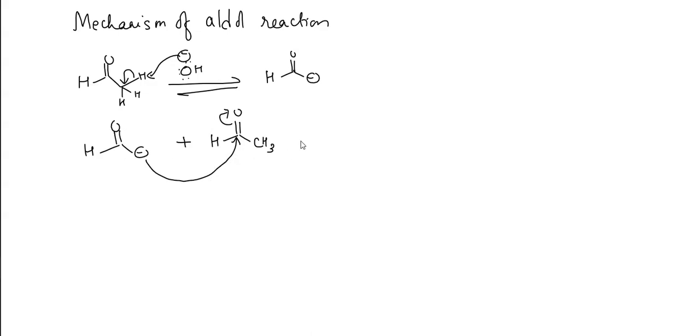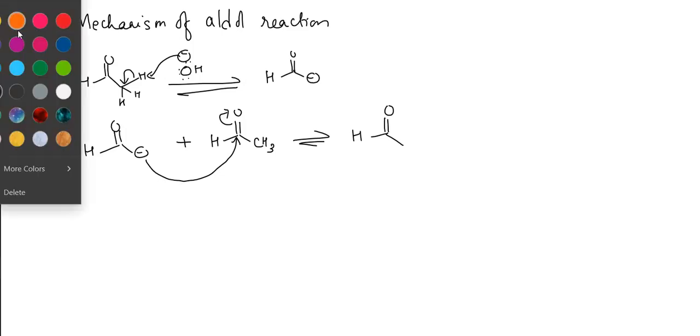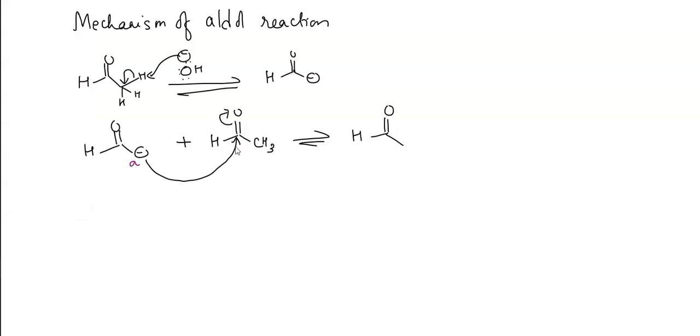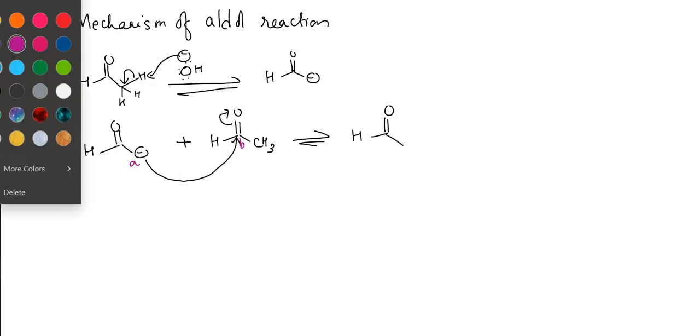So you are extending the carbon chain, and then you get an intermediate, because we have this double bond O, and let's call these carbons A and B, so that we can track the carbon atoms.